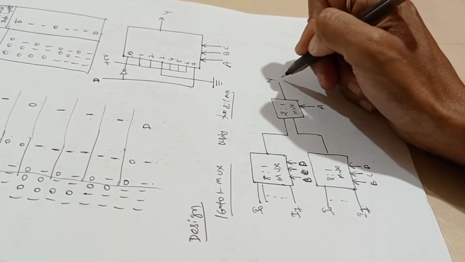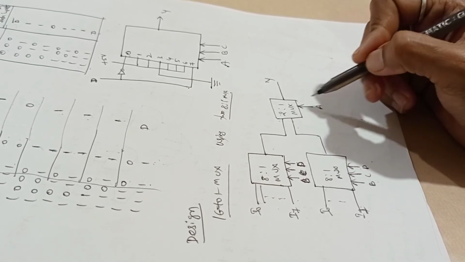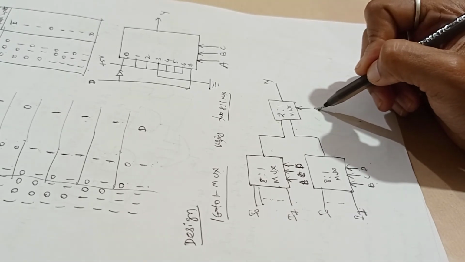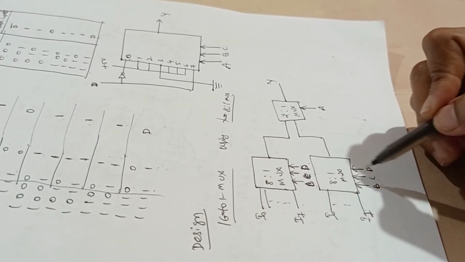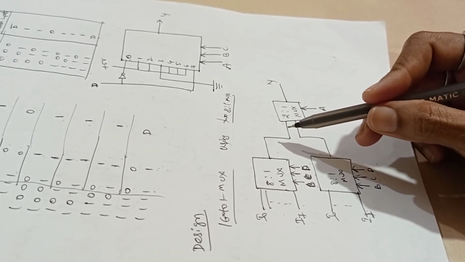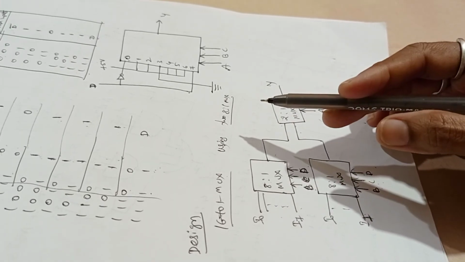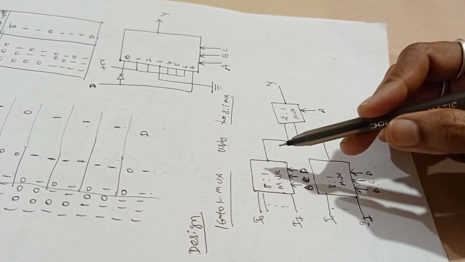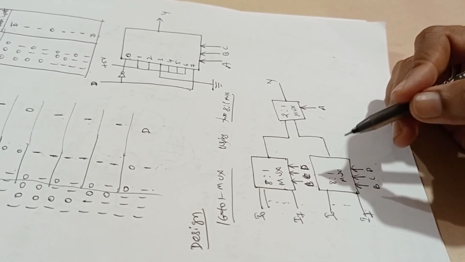Finally we get Y, and for this, 2 data inputs and 1 control input. So A is the control input, and B, C, D are the control inputs for the 8:1 multiplexers. Likewise, we can design any multiplexer using other multiplexers. For example, an 8:1 multiplexer using two 4:1 multiplexers, or four 2:1 multiplexers. Going on like that, we can design any multiplexer.